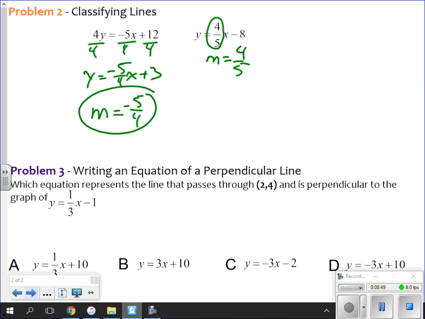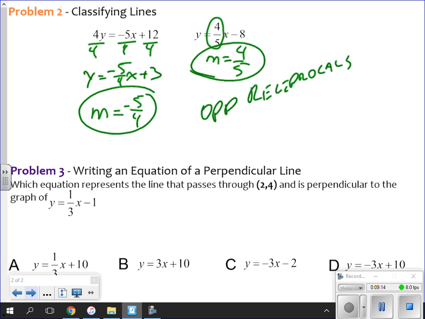So now I need to compare these two slopes. Are they the same? No, they're not the same, so it's not parallel. Are they opposite reciprocals? Yeah, they're opposite signs. Flip one over to get the other one. Yes, that means because they're opposite reciprocals, they are perpendicular.